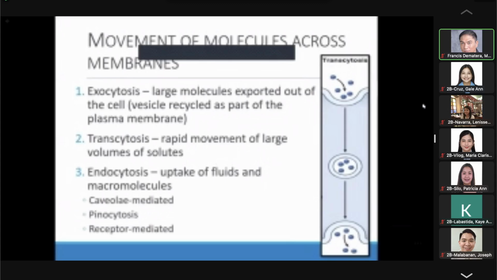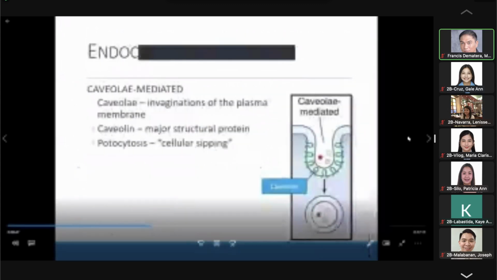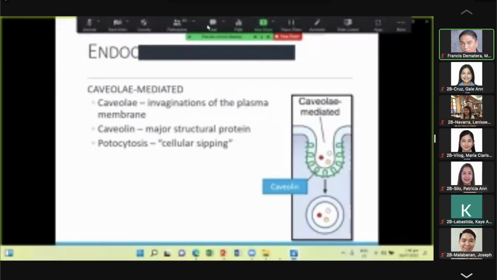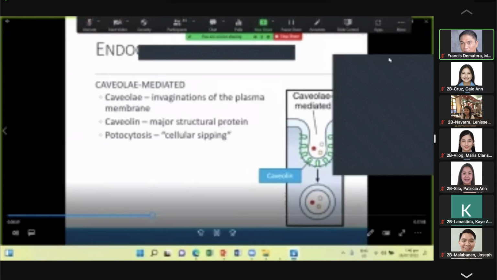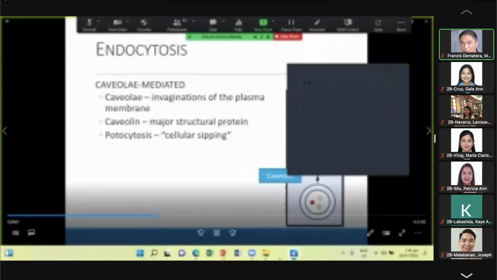Specifically for endocytosis, we have the following. So caveolae, or little caves, are non-coated plasma membrane invaginations. Its major structural protein is caveolin, and these are enriched in glycosphingolipids and cholesterol.